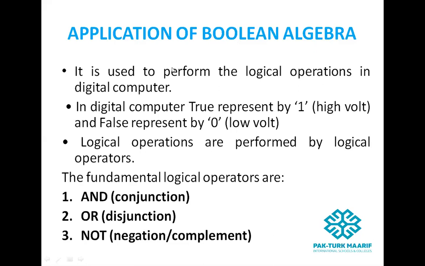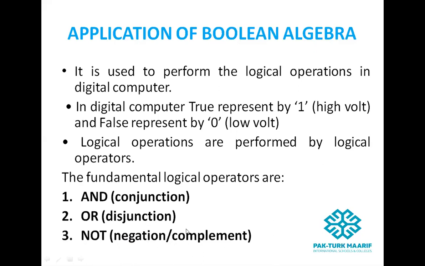Number one is called AND, second is called OR, and third is called NOT. AND is also called conjunction, OR is also called disjunction, and NOT is also called negation or complement.